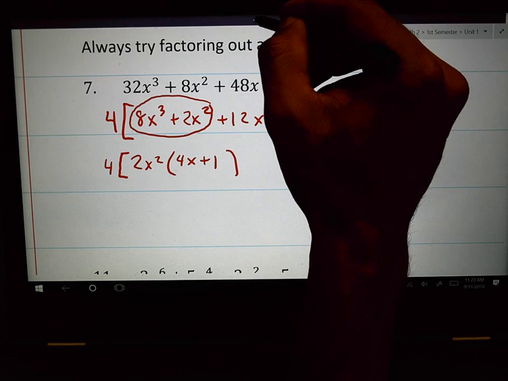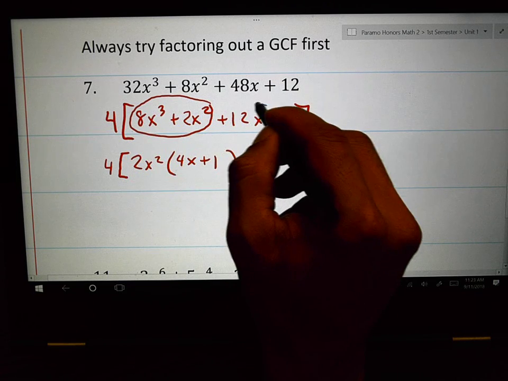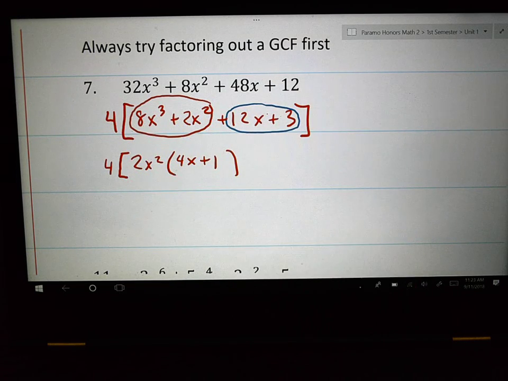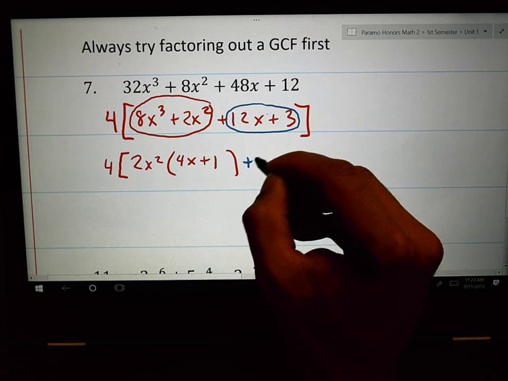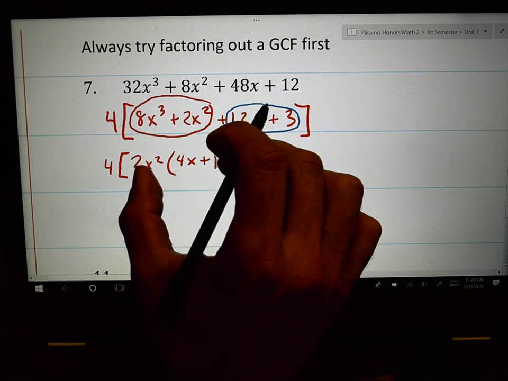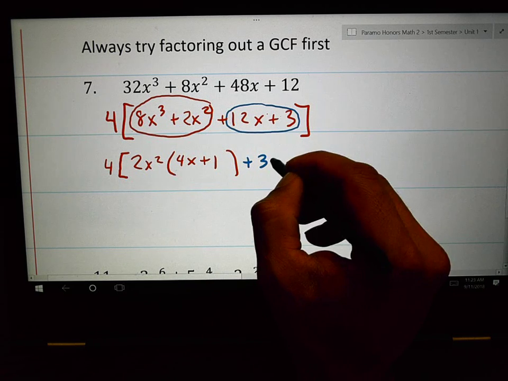I'm going to switch colors. Terms 3 and 4 are being added to this thing. Is there a GCF of terms 3 and 4? Yes. What is it? This 3 is being added. This blue group is being added to that stuff. So don't think it's multiplication yet. It's still an addition problem.